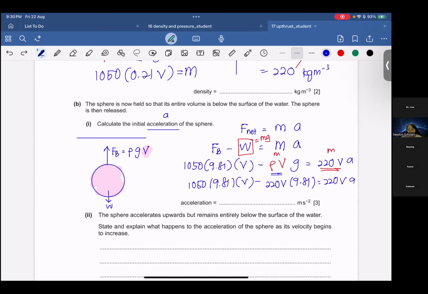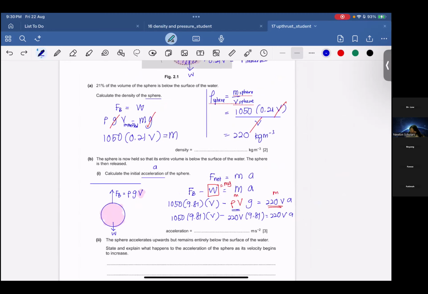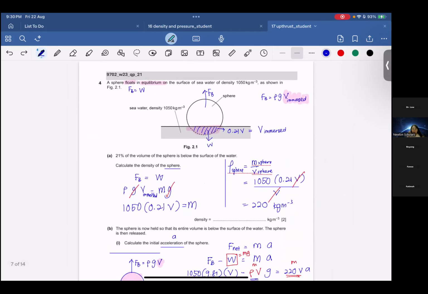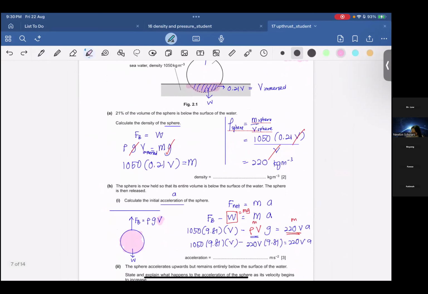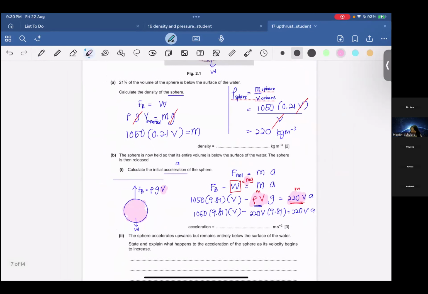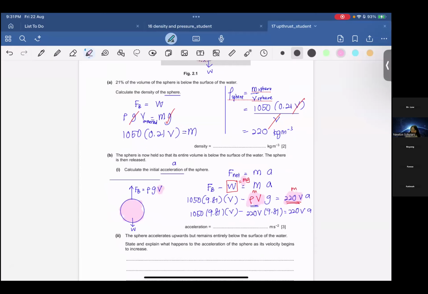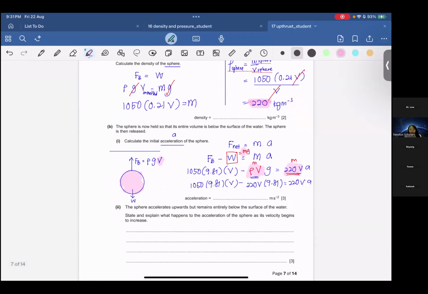Manjo, correct. Okay, so here, for the weight, we have to think, wait, what is the weight? I don't have any weight. So right now you have to think and apply the knowledge about density. So here the mass M equals rho V, 220 V. The rho here is the object's rho. So we apply the knowledge about density.